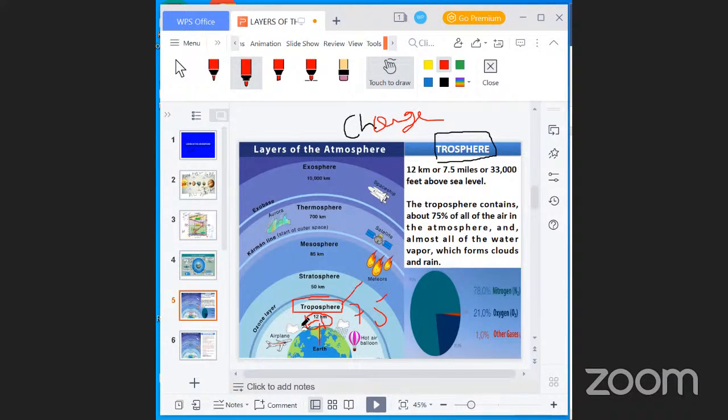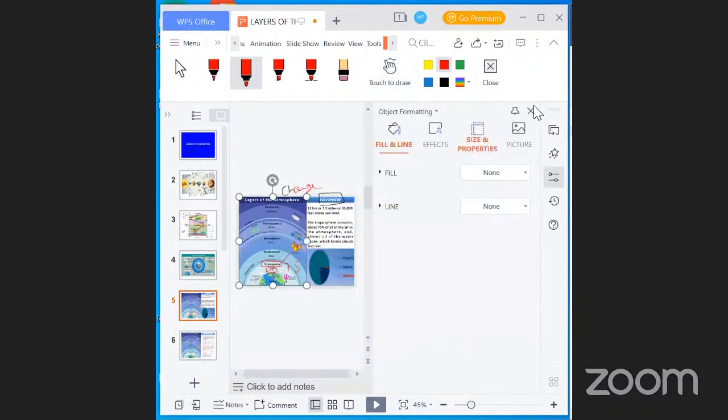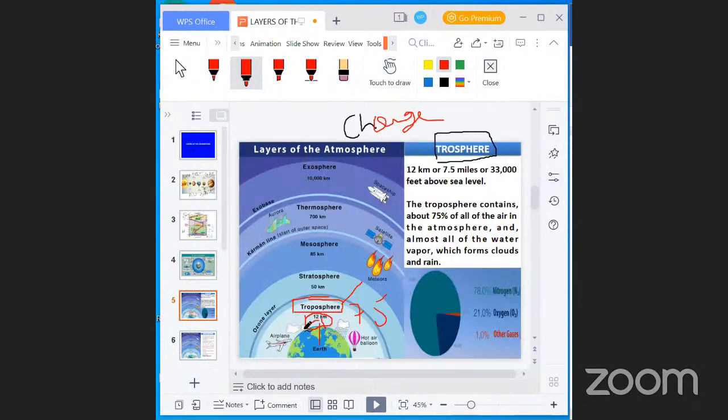Most of the clouds you see here, these are the clouds, right? Most of the clouds appear in the troposphere mainly because of what reason?